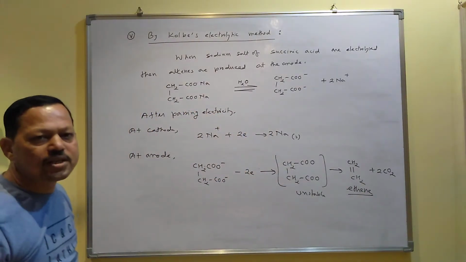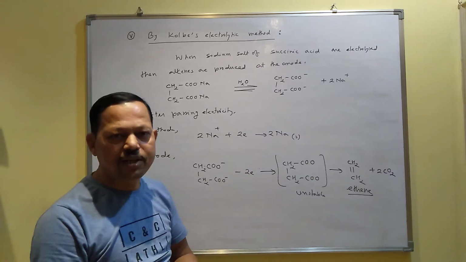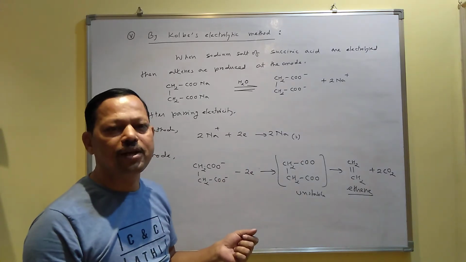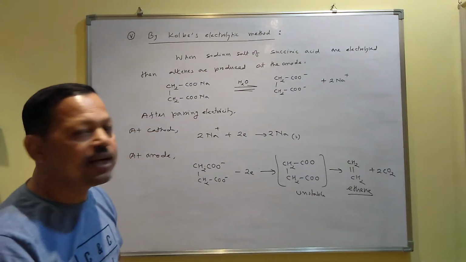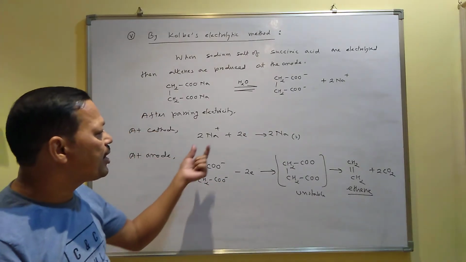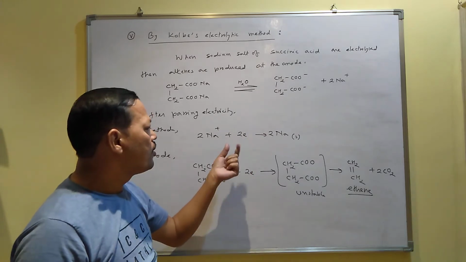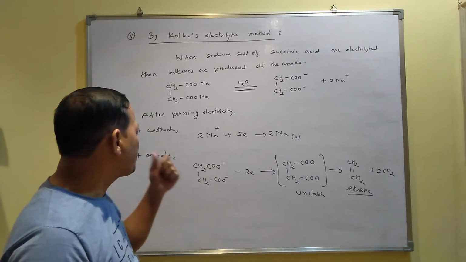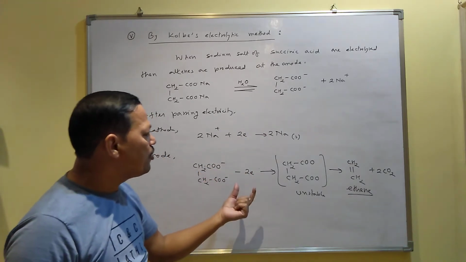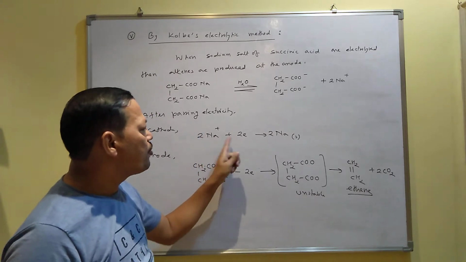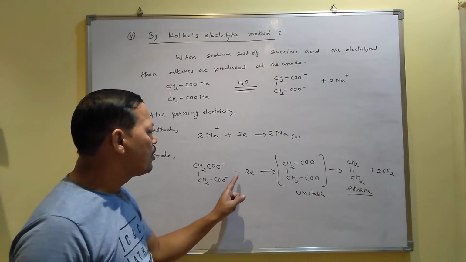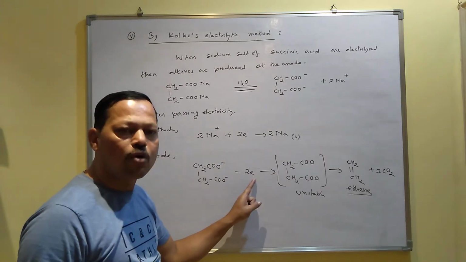You know, in electrolysis, first you have to take an electrolytic solution. After taking it, you have to pass electricity through the solution. After passing electricity, at the cathode the cations move by gaining electrons, and at the anode the negative ion moves by release of electrons. Gain of electrons is called reduction, and release of electrons is called oxidation.